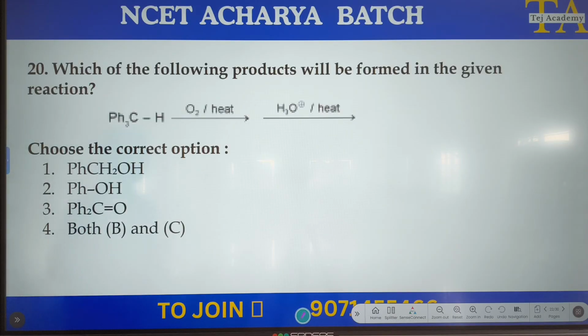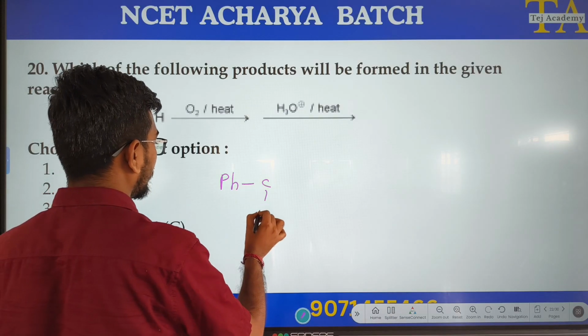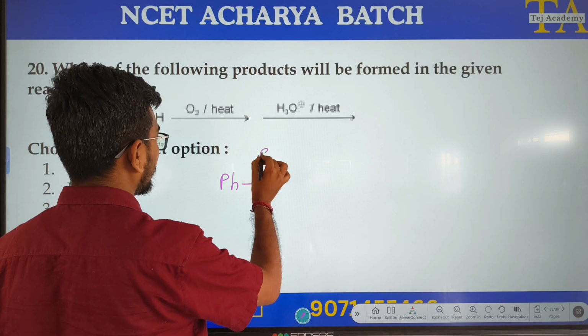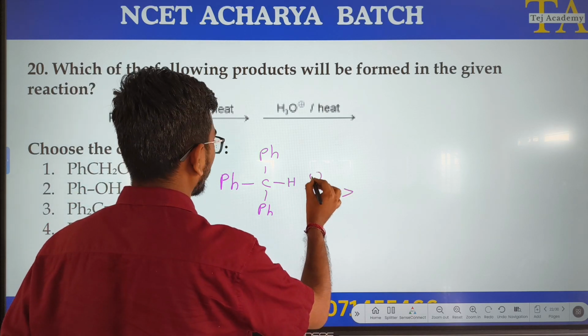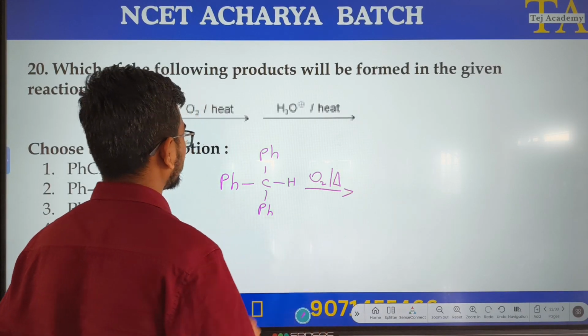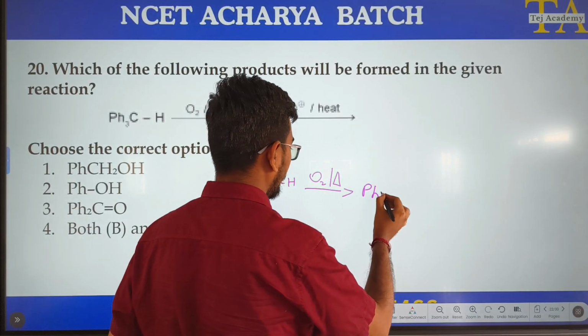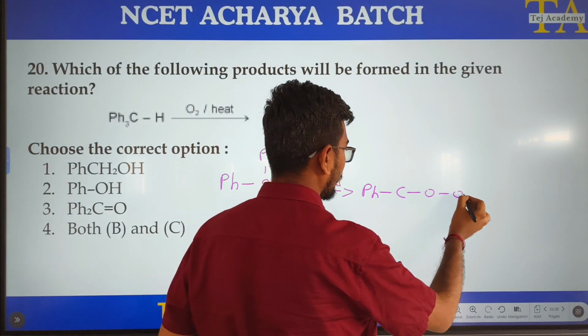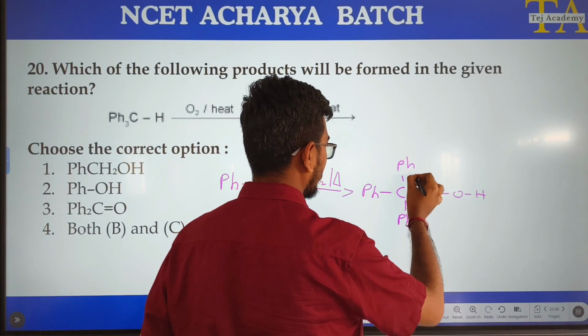20th question. Which of the following products will be formed in the given reaction? So we have to find the products. See, Ph, in the presence of oxygen and heat. So now addition of oxygen will take place. Ph, COOH. So Ph will remain as it is.